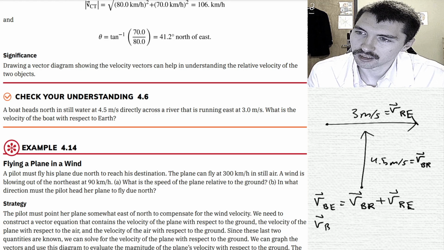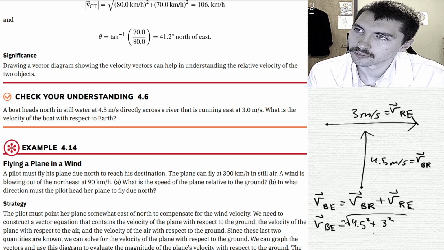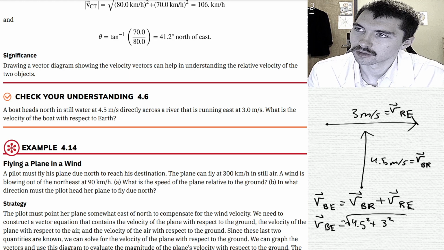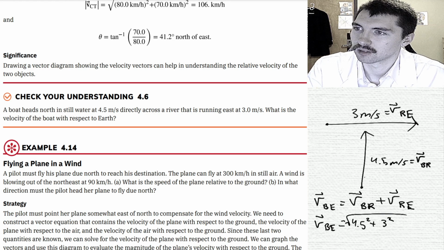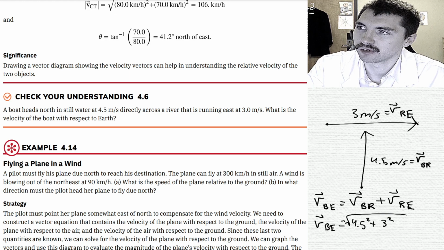Is VBE 4.5 squared plus 3 squared, where, you know, we're putting the origin of this on the tail of this, and drawing a vector that connects them?